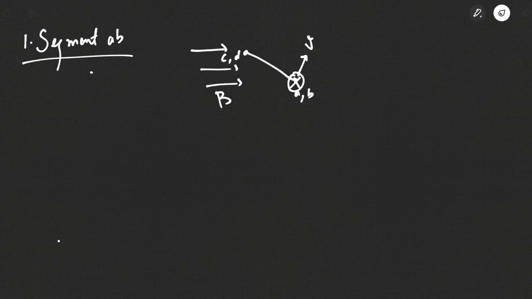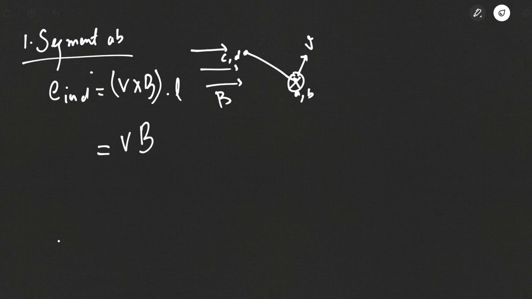So our cross product V cross B in this case will be in line with the tangential path, since induced voltage is given by V cross B dot L. This will be equal to VBL.